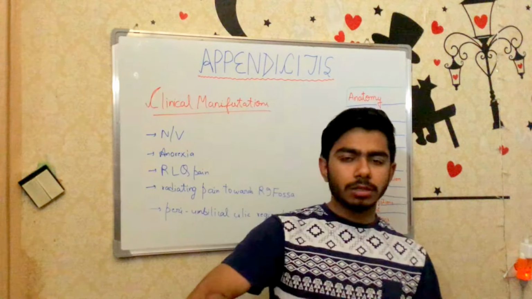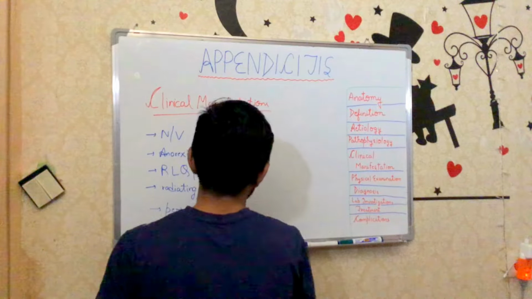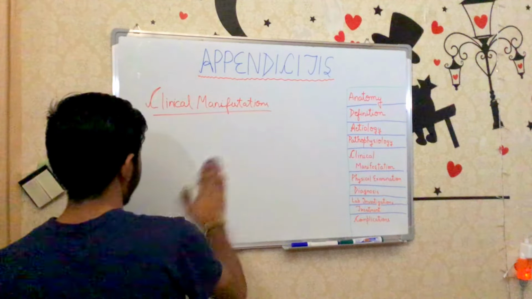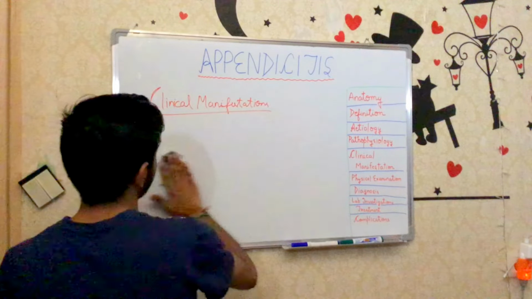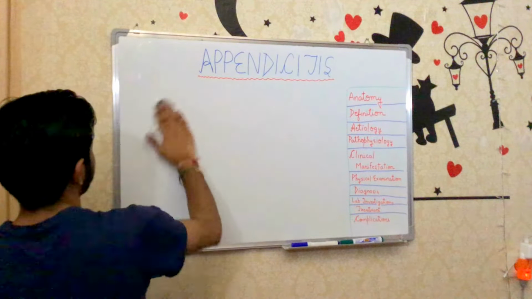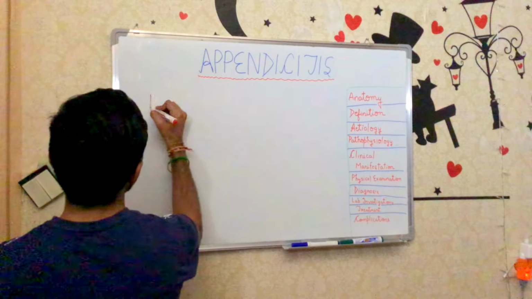There are some signs when you are examining the patient, the physical examination of the patient. Let's talk about them, which can confirm whether any particular patient has appendicitis or not. So the physical examination.